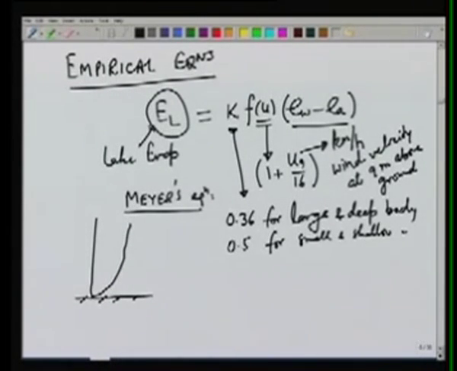At the ground level, it will be almost 0, and as we move up from the ground, let's say at a height of h, the wind velocity UH will typically be proportional to 1/7 power of h. This is known as the 1/7 power law in the boundary layer. So UH is typically proportional to 1/7 power of the height.